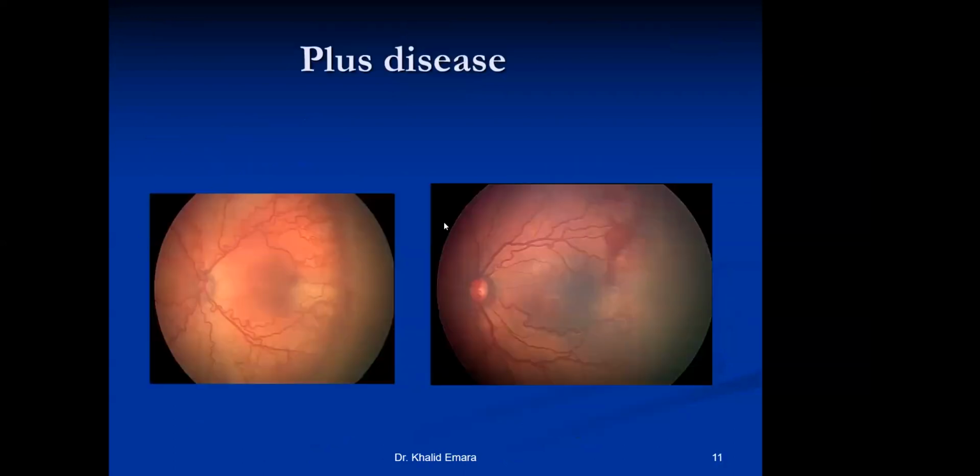The international classification also defined plus disease as a dilatation and tortuosity of blood vessels in the posterior pole.